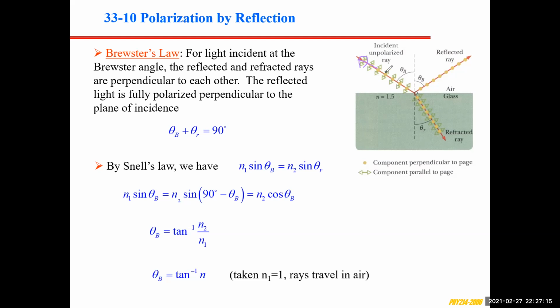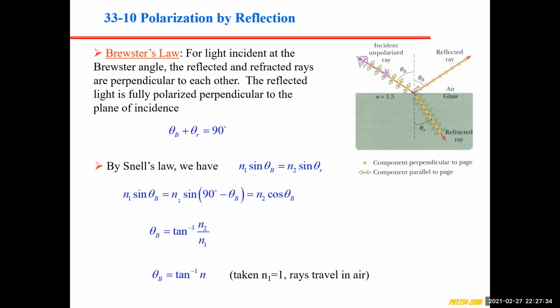So this is the direction of the wave traveling. When the electromagnetic wave shines on the interface, we know that there's a reflection. So this is a reflected ray, and this is the refracted ray.